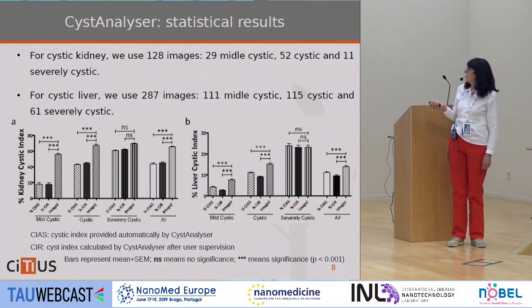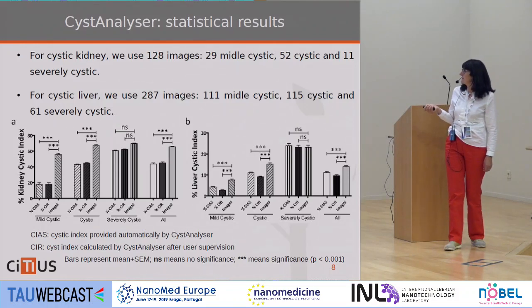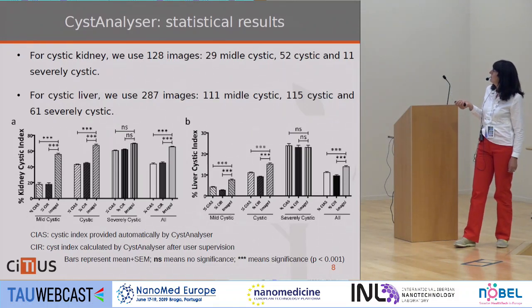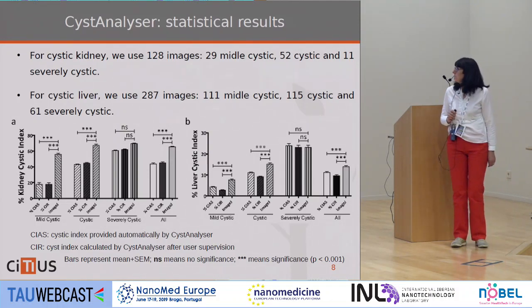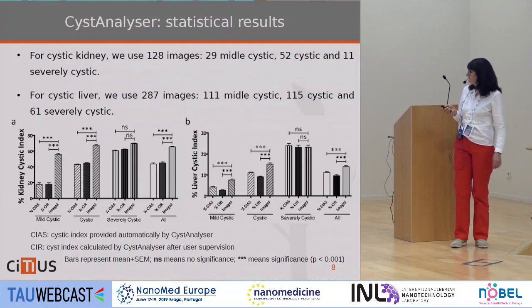The results are that the difference is not significant for the severely cystic group, for liver and for kidney, but the difference is significant for the cystic and mildly cystic groups.